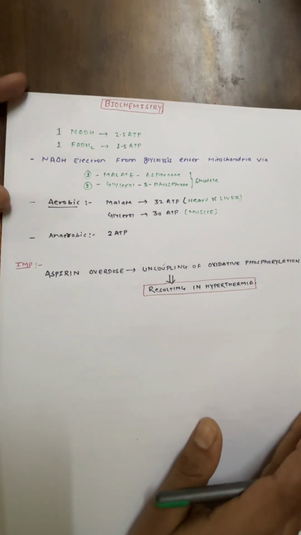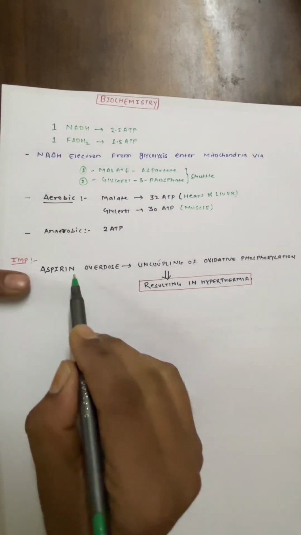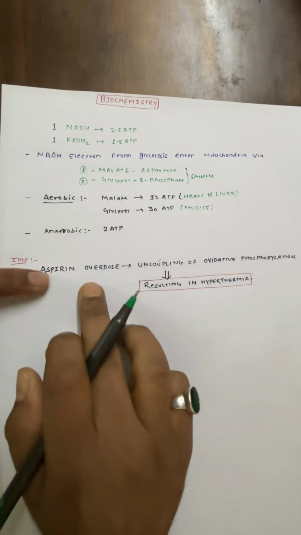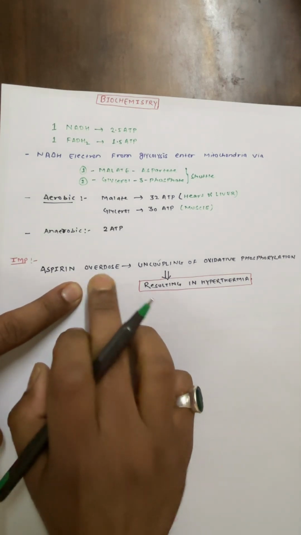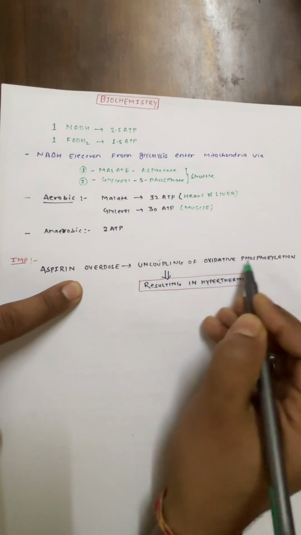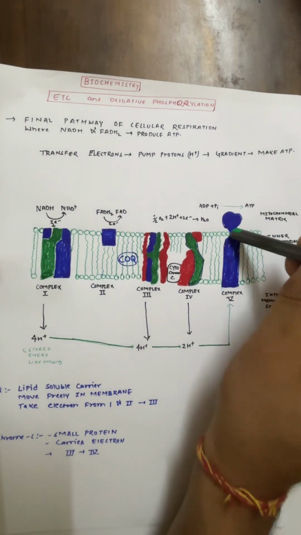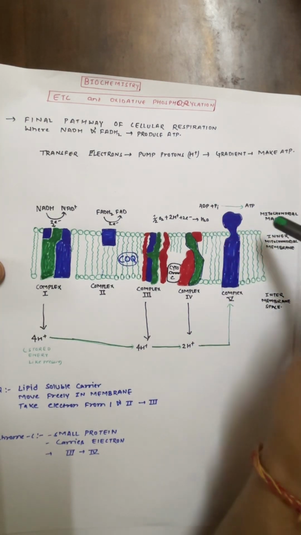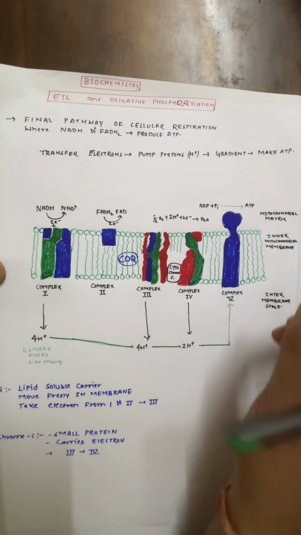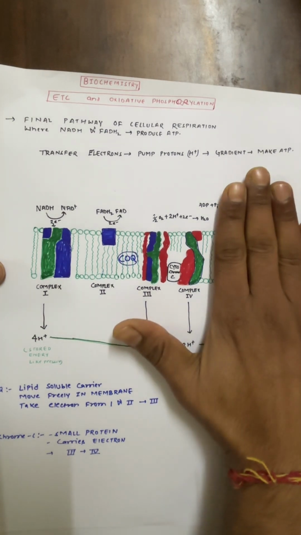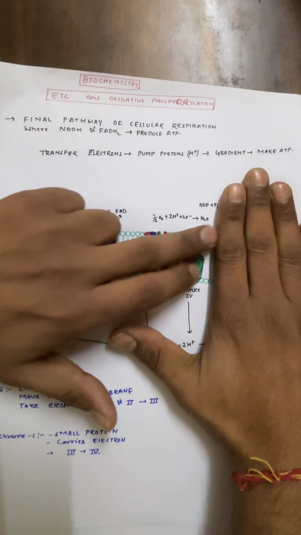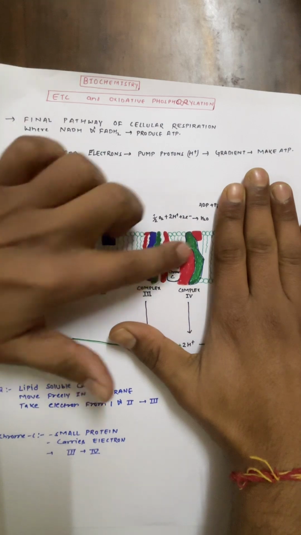After the calculation of ATP, one more important thing is aspirin overdose. Whenever there is aspirin overdose in a patient, there will be uncoupling of oxidative phosphorylation. The main function of an uncoupler is to work when the body needs heat more than ATP, so they bypass this step and produce more heat in the inner mitochondrial membrane.